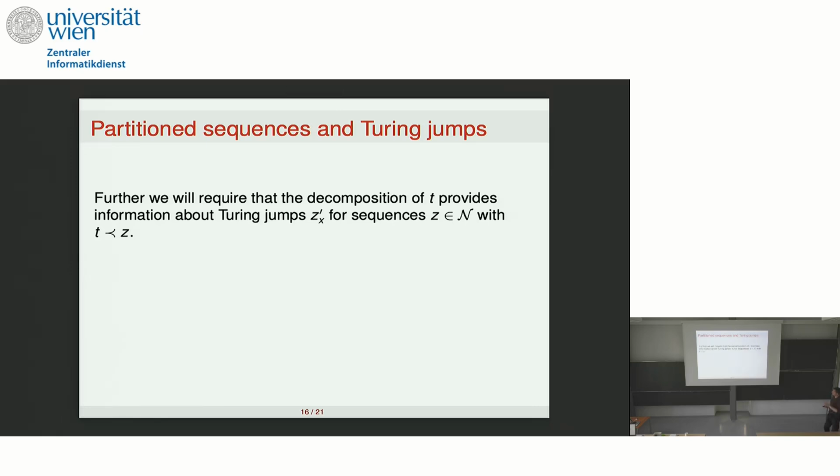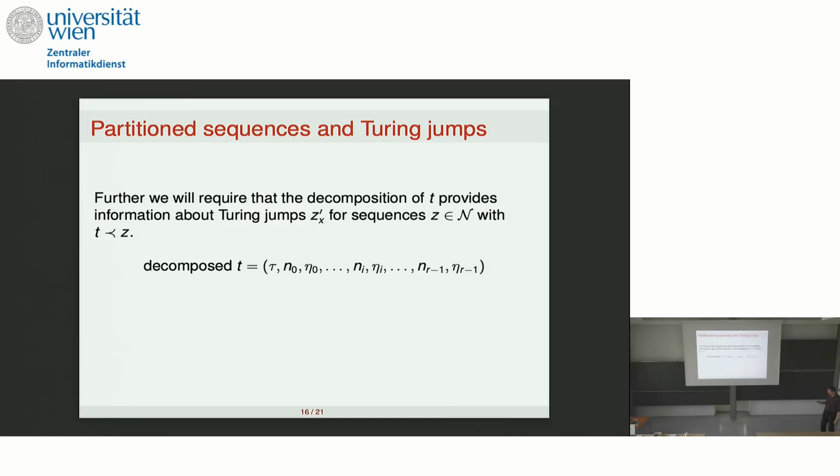And the decomposition of tau should provide some information about Turing jumps relative to X for some Z which extends tau.